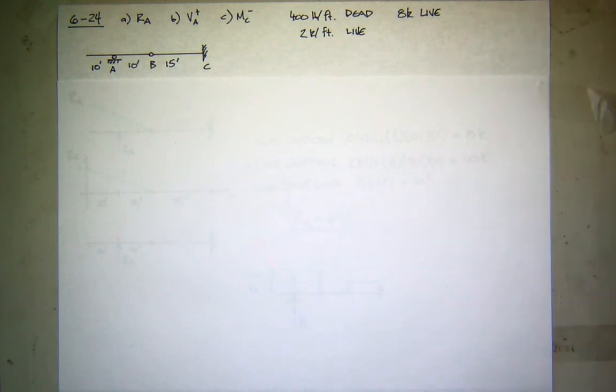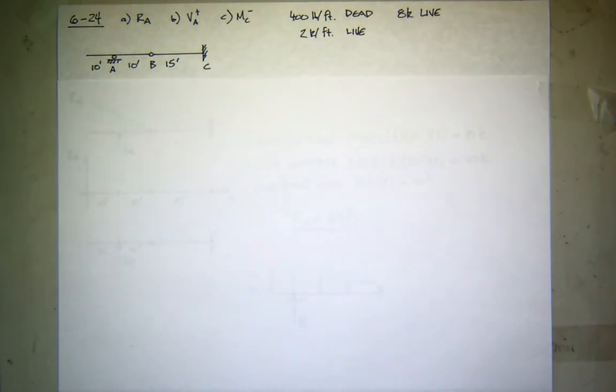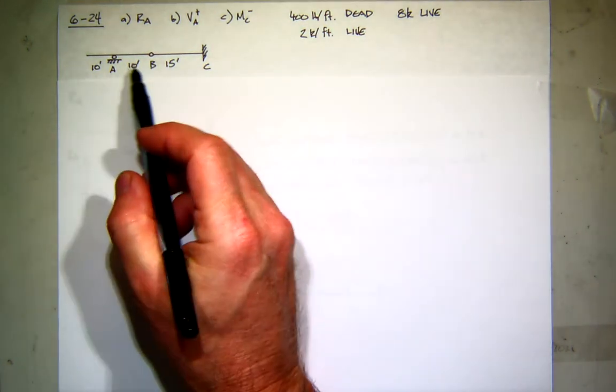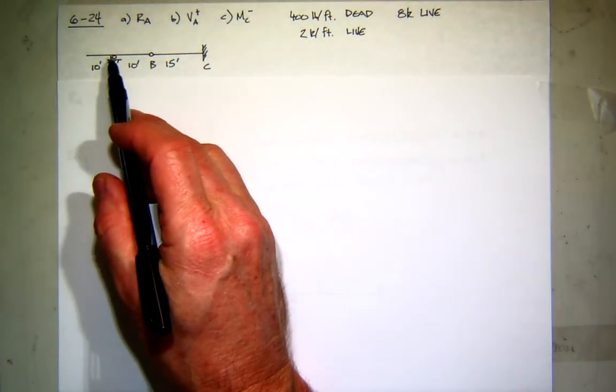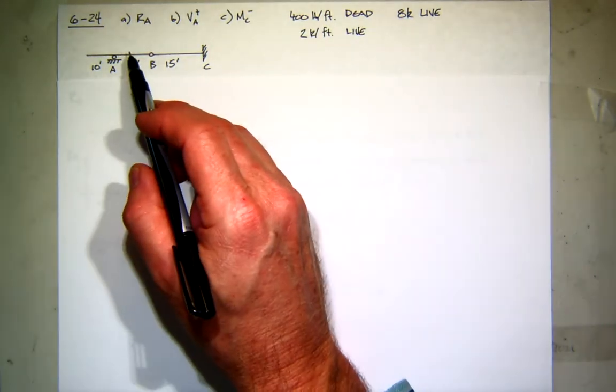Okay. So part B is the shear at A, but it wants the shear just to the right of A. So that's just to this side. This one's a little tricky. Okay, just to the right of A.